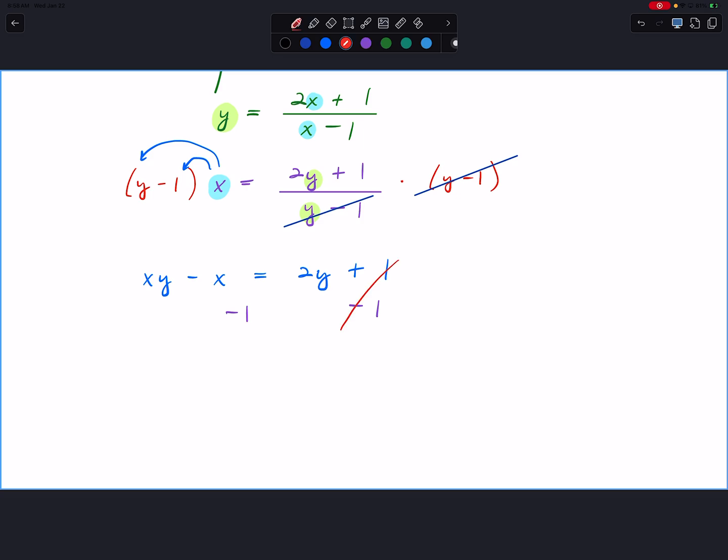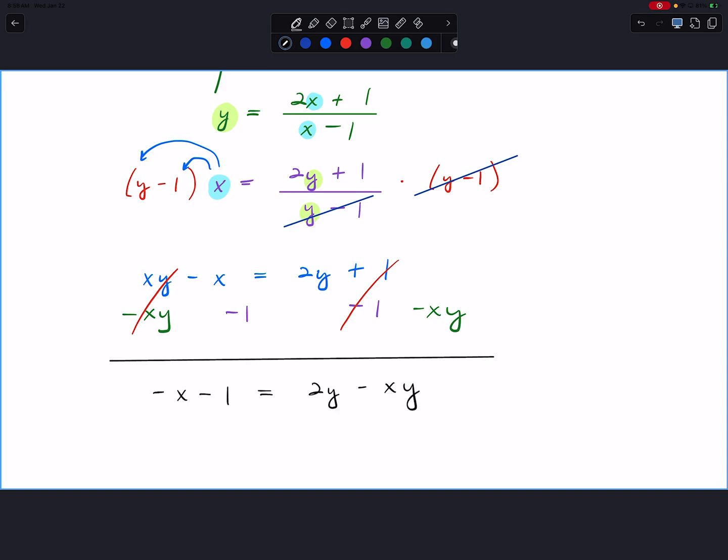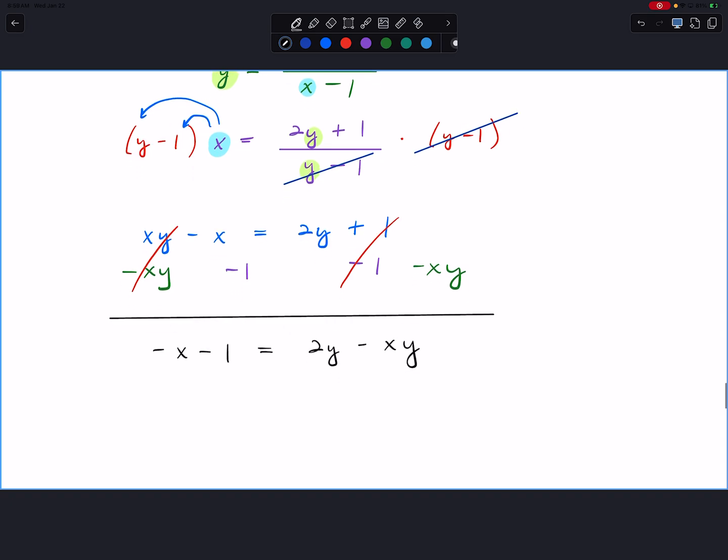And I'm also going to subtract xy from both sides. So these cancel. So by doing that, I'm left with negative x minus 1 is equal to 2y minus xy.